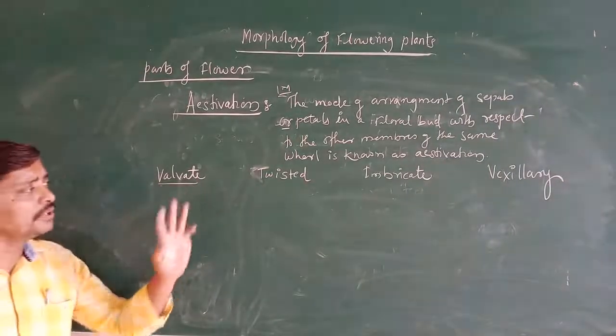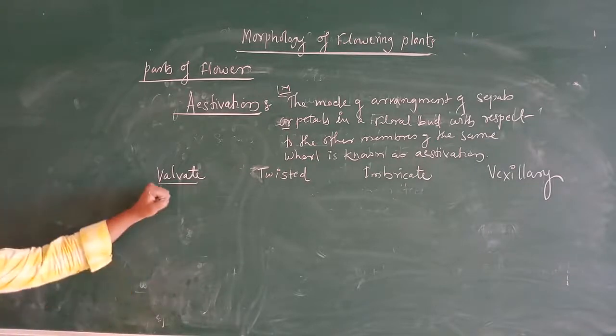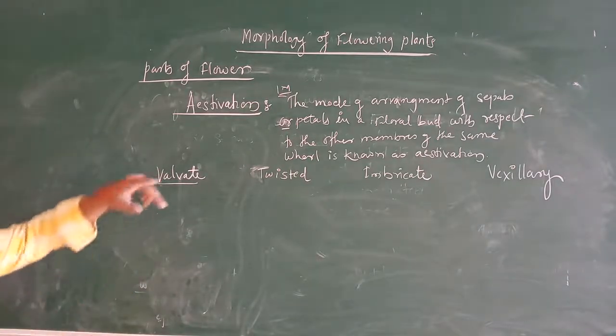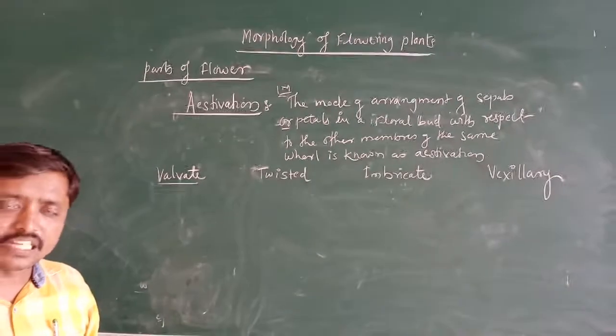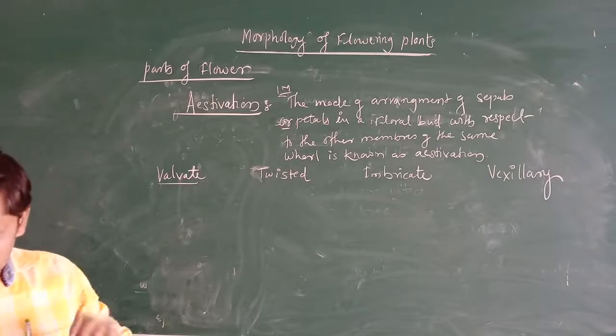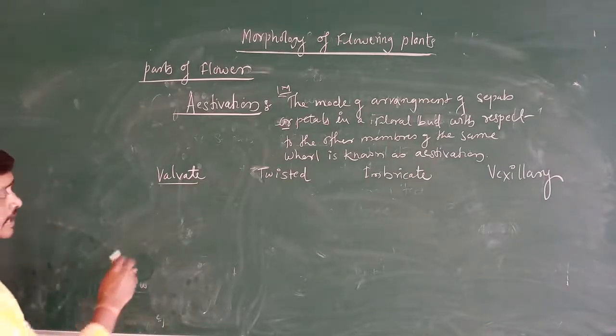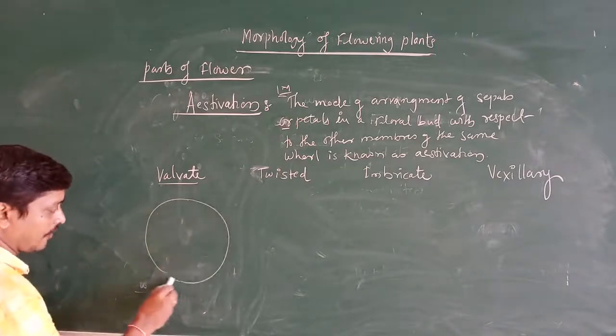How are we going to study this? I am going to simplify and tell you. Valvate aestivation means the sepals or petals are arranged margin to margin. Here, I am going to draw the diagram of valvate aestivation.